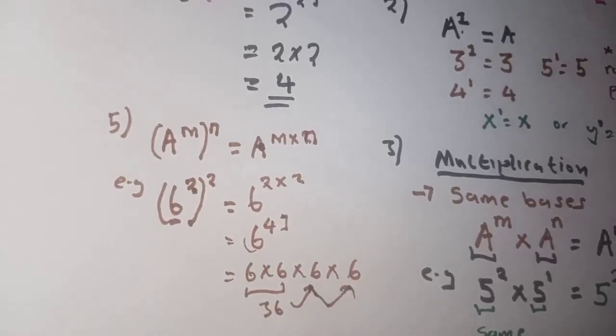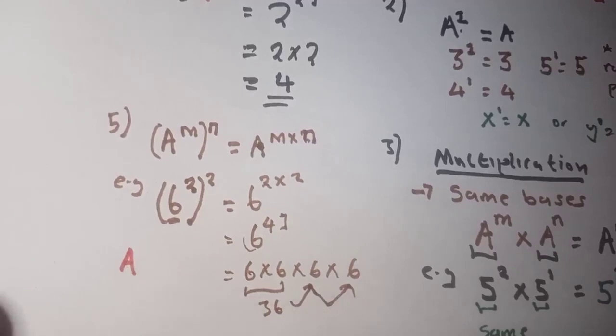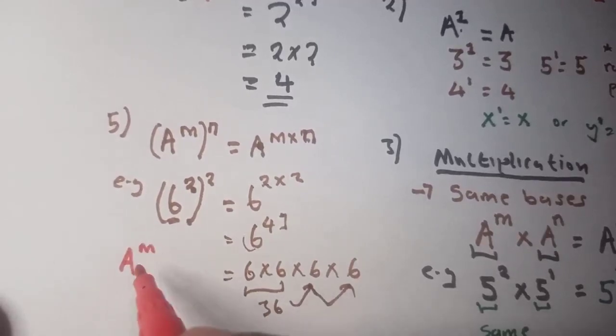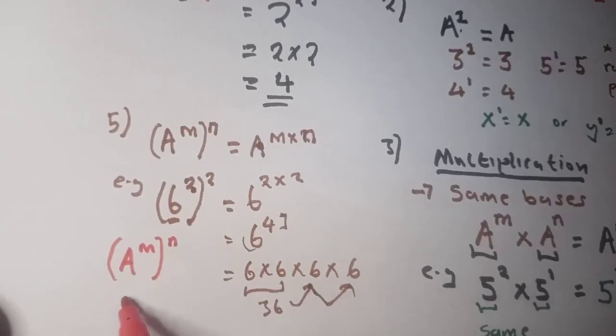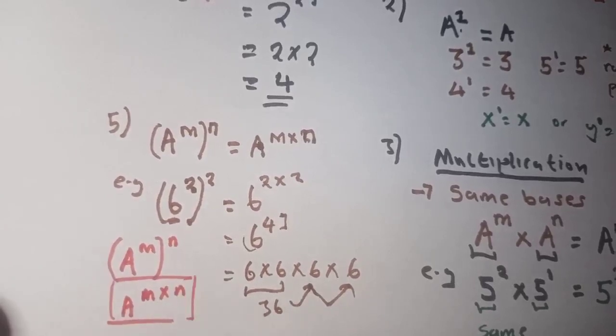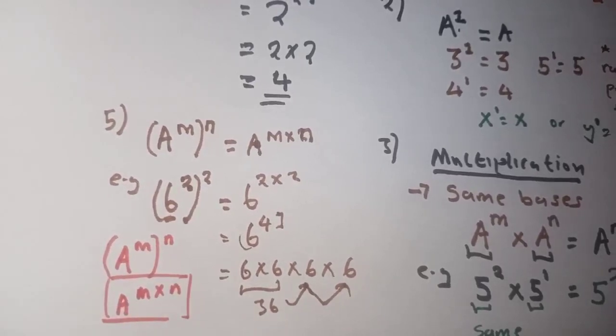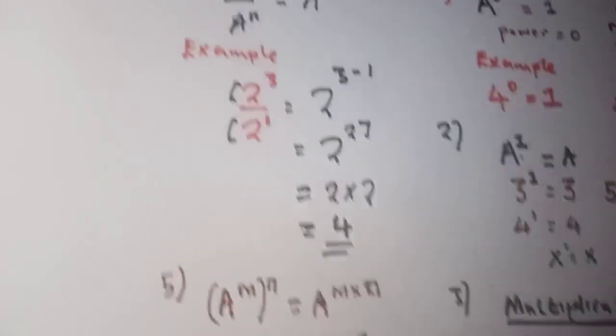So whenever you've been given a base with a power and in brackets another power, this becomes a to the power m times n, and this is what we've just illustrated.